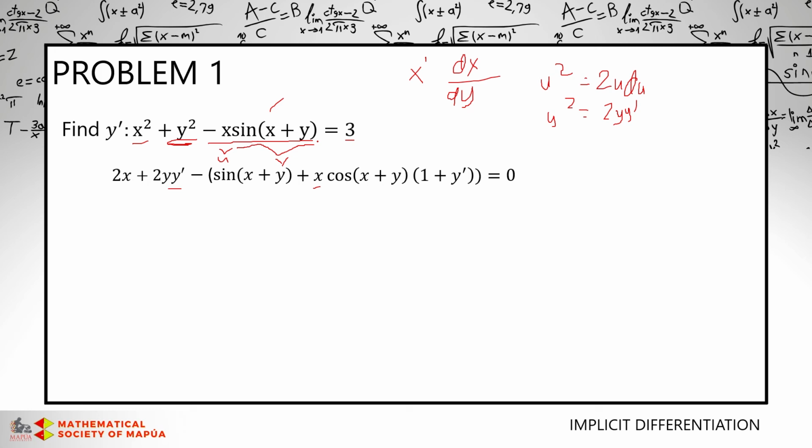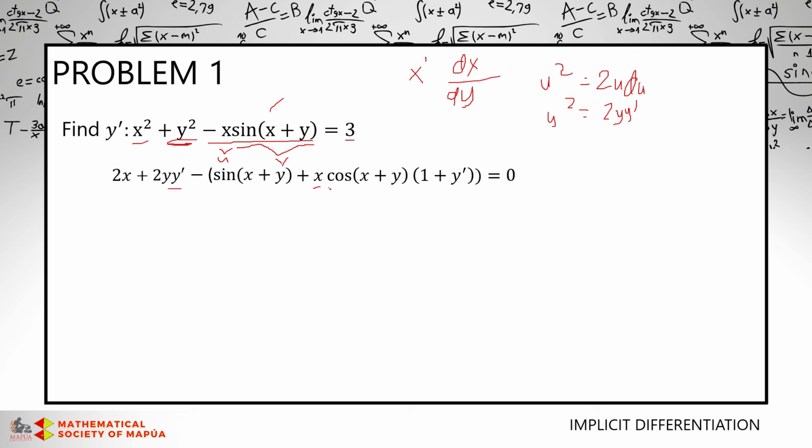So, in implicit differentiation, kailangan talaga may mastery kayo nung mga formulas for differentiation na tinakal nyo beforehand. So, we have here, if we have sine of u or sine of x plus y, ang derivative niya is cosine u du.